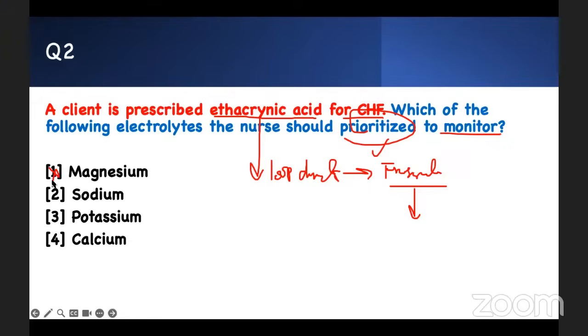So this is not a problem. This is not a problem. This is not a problem. You see what I did? You break it down and you know what you're looking for. It's a prioritization question. This is more dangerous than all of them. And if you look at diuretics, they deplete your potassium and some of your sodium and some fluid. Potassium is really, really lost. So that's the most important thing.